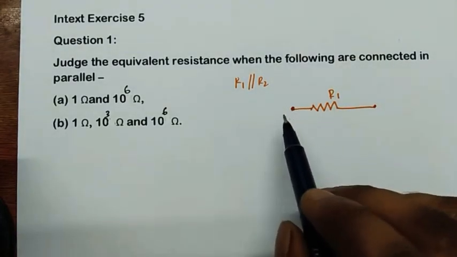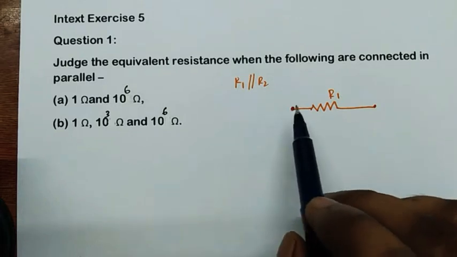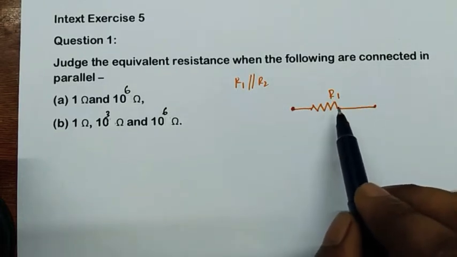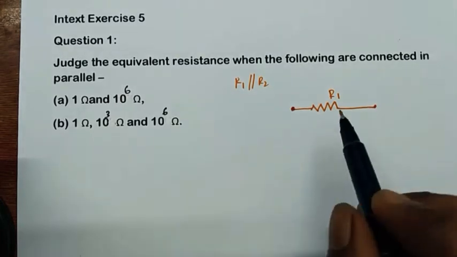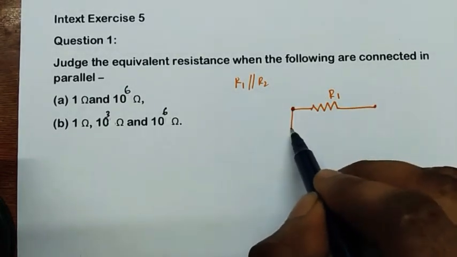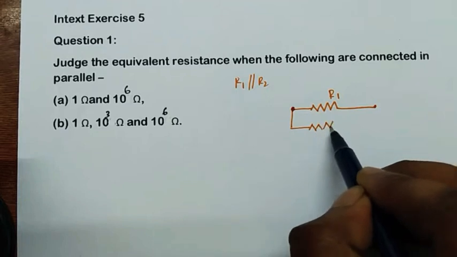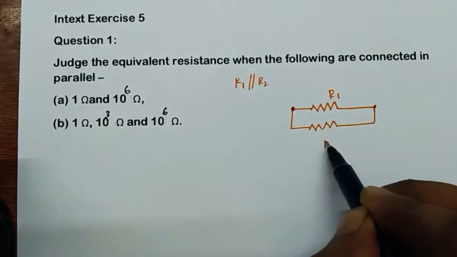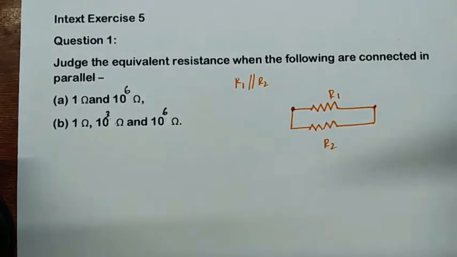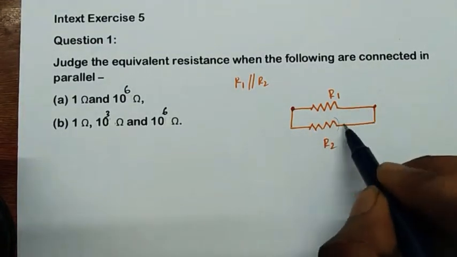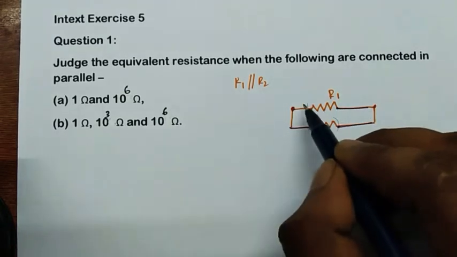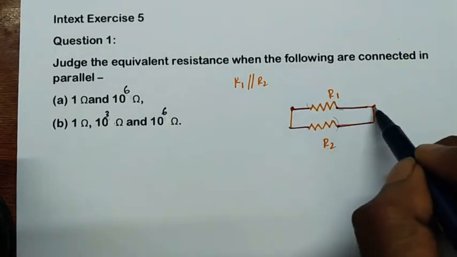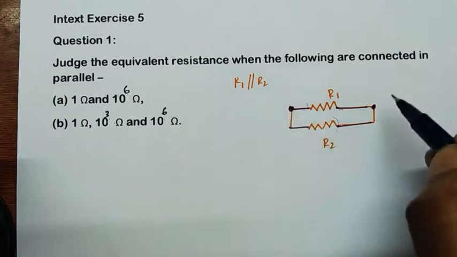According to the parallel form, resistors are in parallel if their terminals are connected to the same nodes. This is R2. If this is a resistor, this is one terminal and this is the second terminal. The terminals are connected to the same point, same nodes.